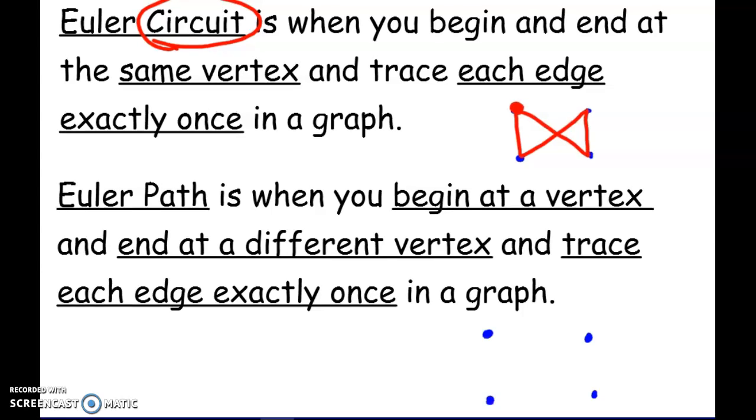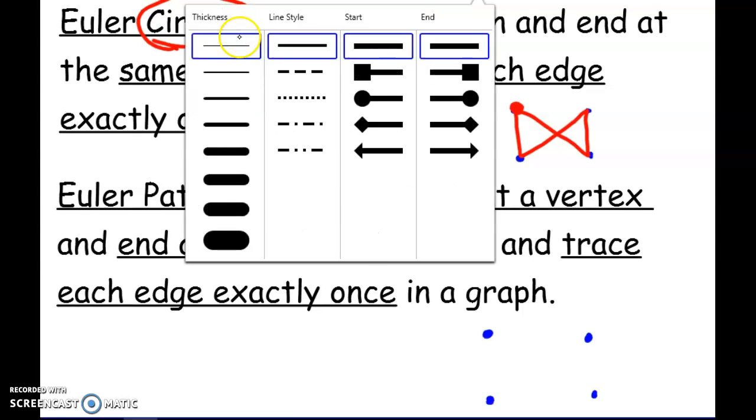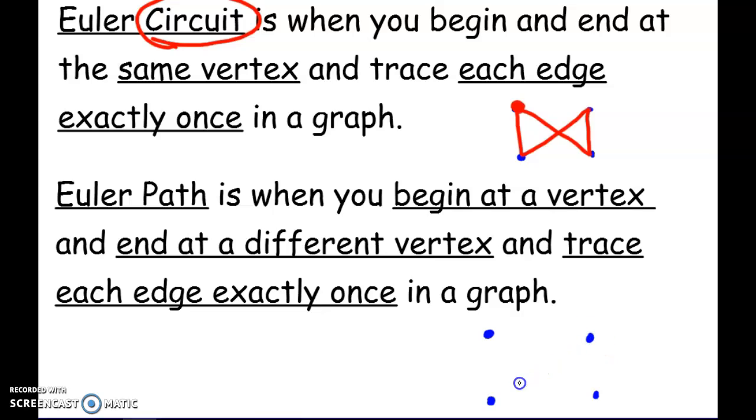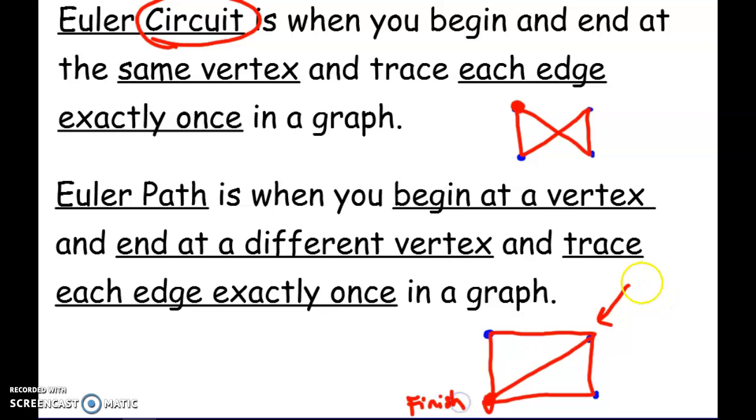So we could take those same 4 points, but just connect it differently. Notice we started at this point up here and we ended down here. Up here, start and finish was the same point. So for the circuit, you're going to start and finish at the same point, but for the path, you will start and finish at a different point.